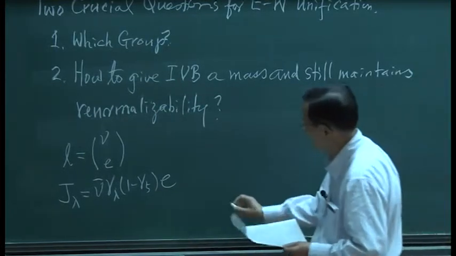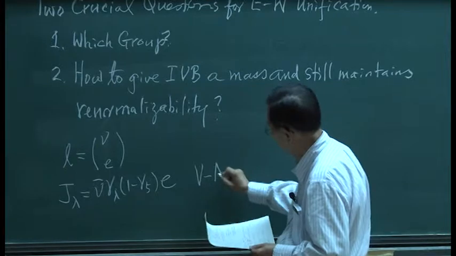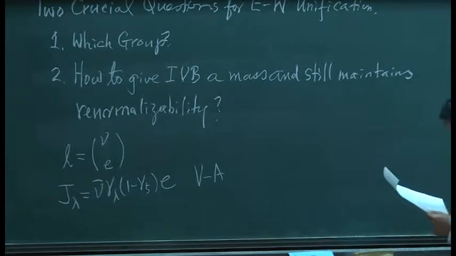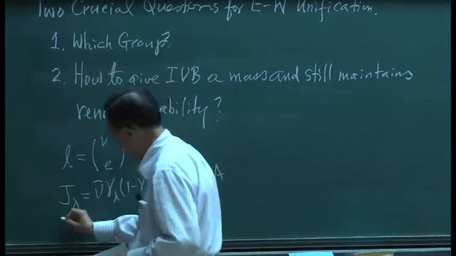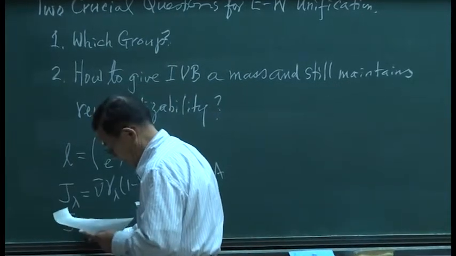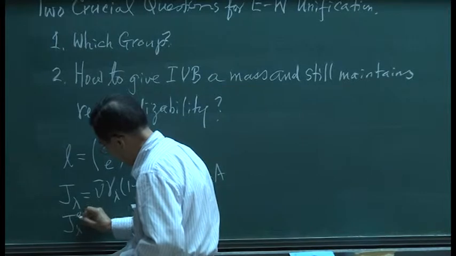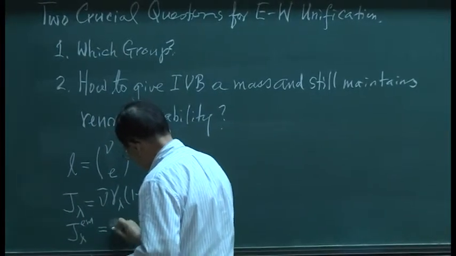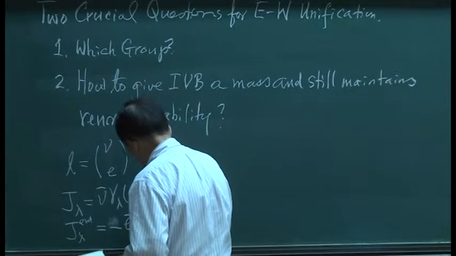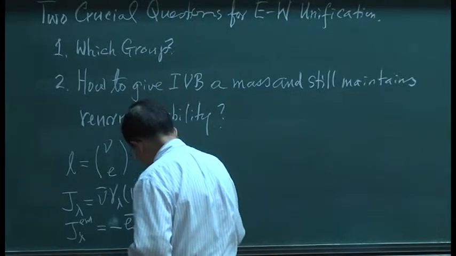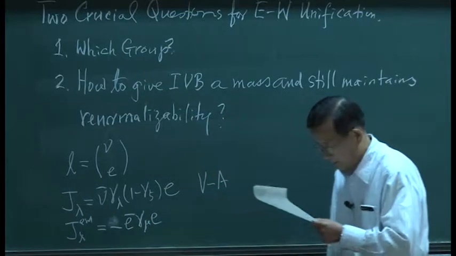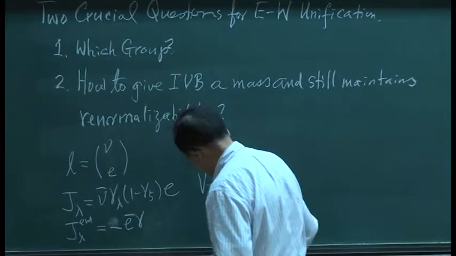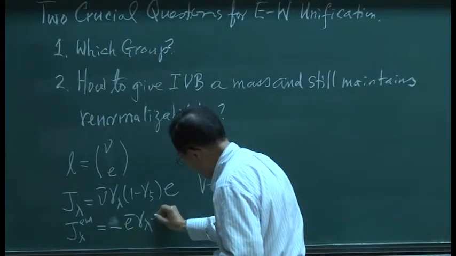So this is to incorporate V minus A. And then we have the electromagnetic current, J_EM, and that's equal to minus e-bar gamma mu e, because the electron gets a negative charge, negative charge 1. Okay.